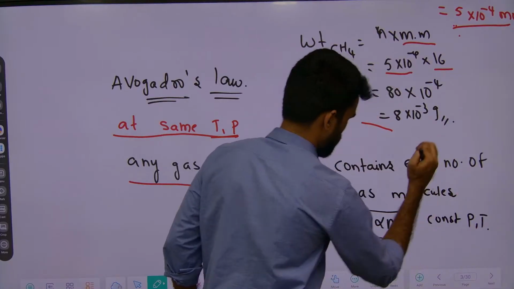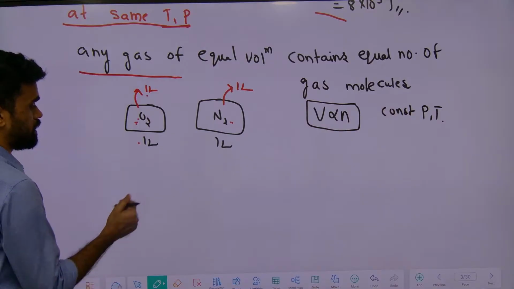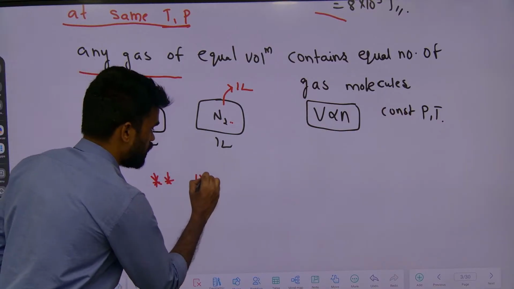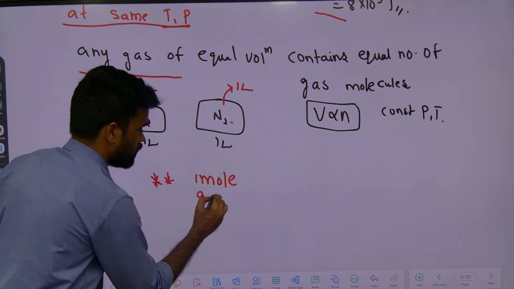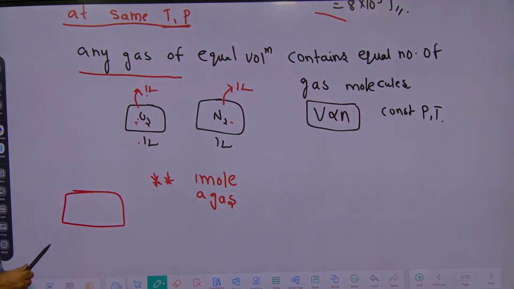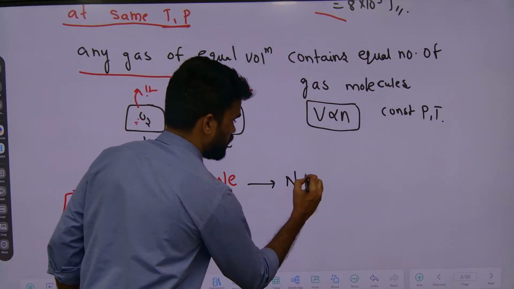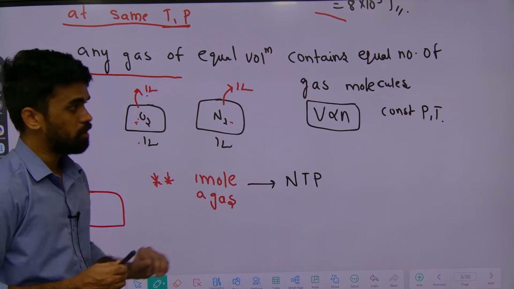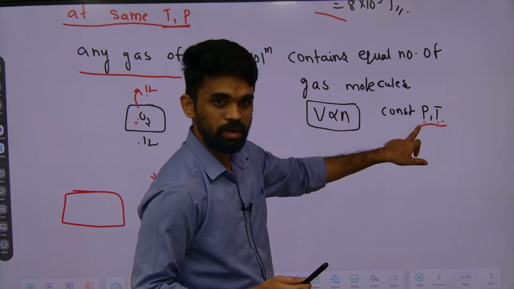pressure and temperature. So he observed something more interesting than this. He took 1 mole of a gas in a container. At what conditions? At NTP conditions. This condition is important because temperature and pressure must be fixed. It means they should remain constant.